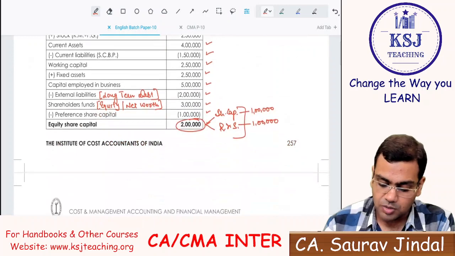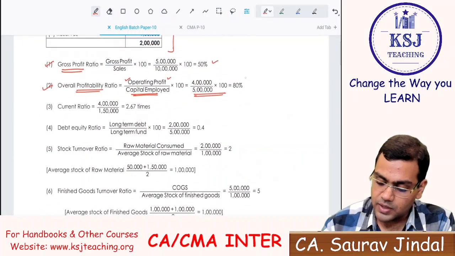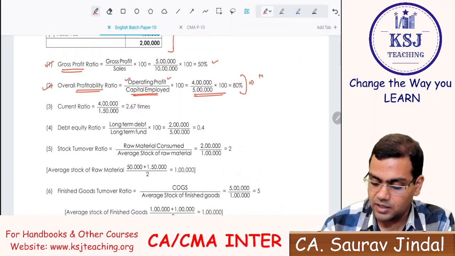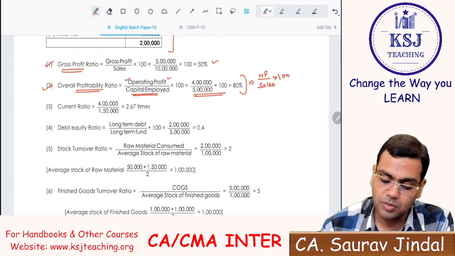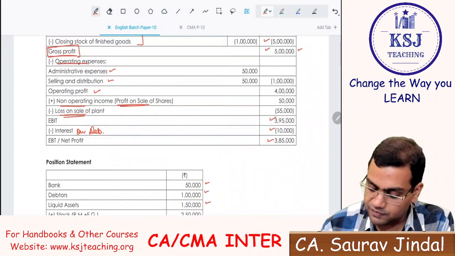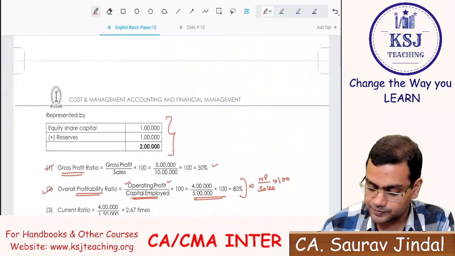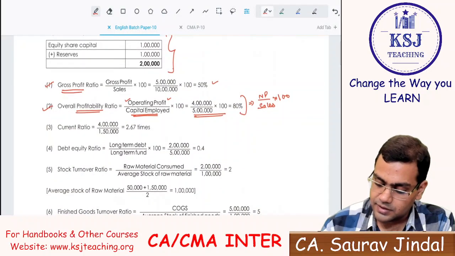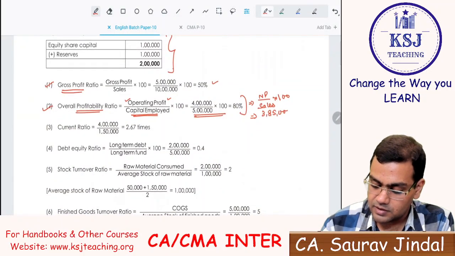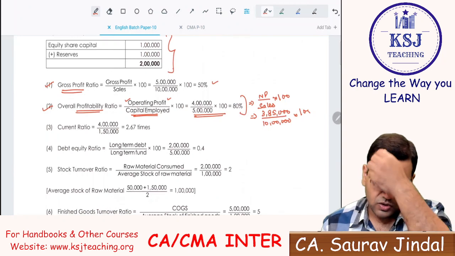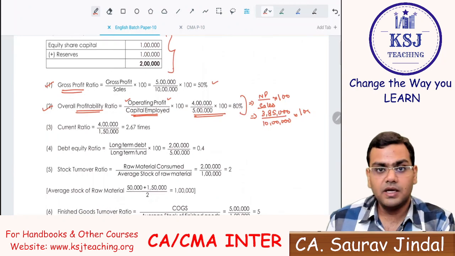That shows the overall profitability, or you can calculate it as net profit divided by sales into 100. That is also your overall profitability, right? Net profit is 3,85,000 and sales is 10 lakh, that is 3,85,000 divided by 10 lakh multiplied by 100, right? So this is also the overall profitability that it shows.